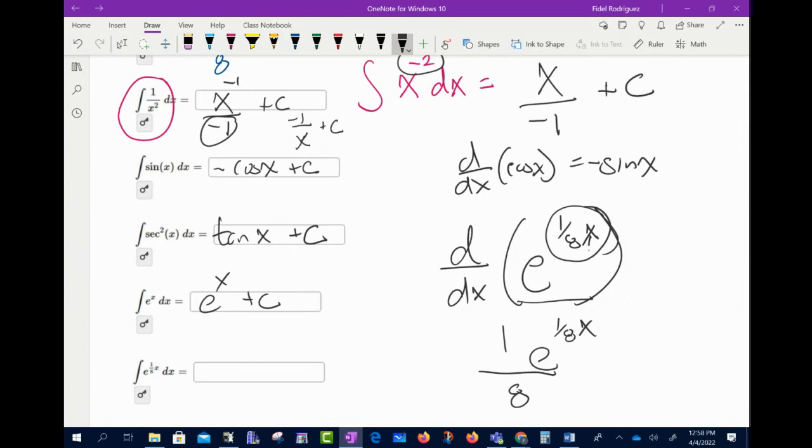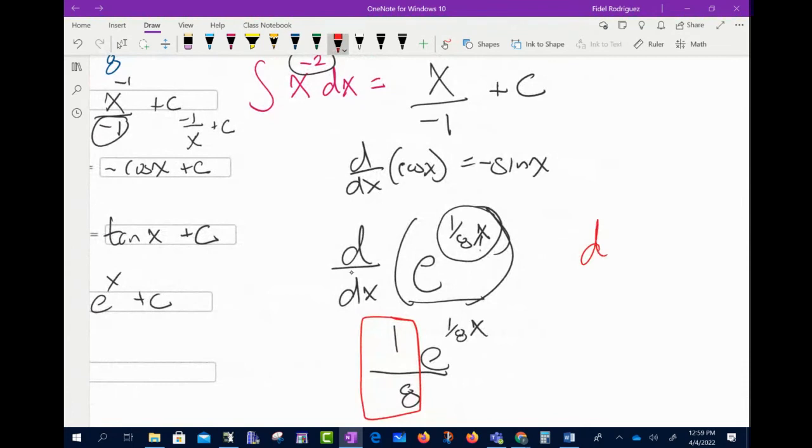But I want to show you something. Look what we're integrating. We don't have that part there, right? How would I be able to cancel this 1/8 out? 8 over 1. Okay, so look, y'all.